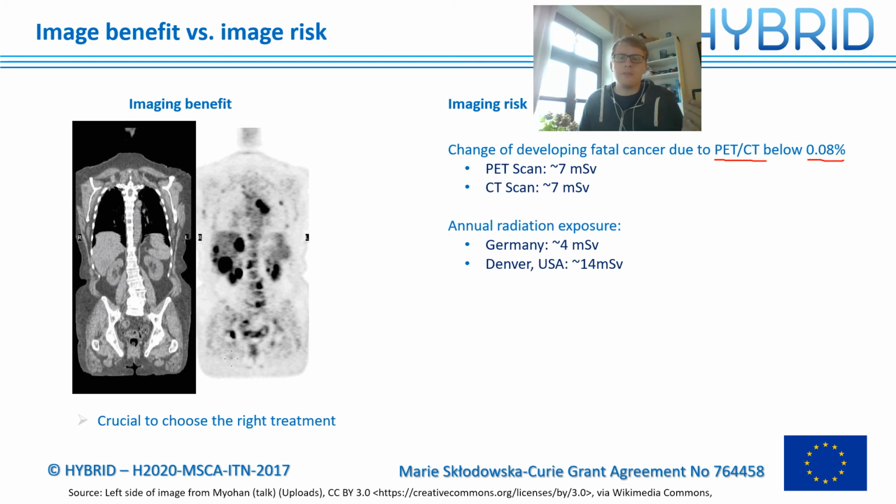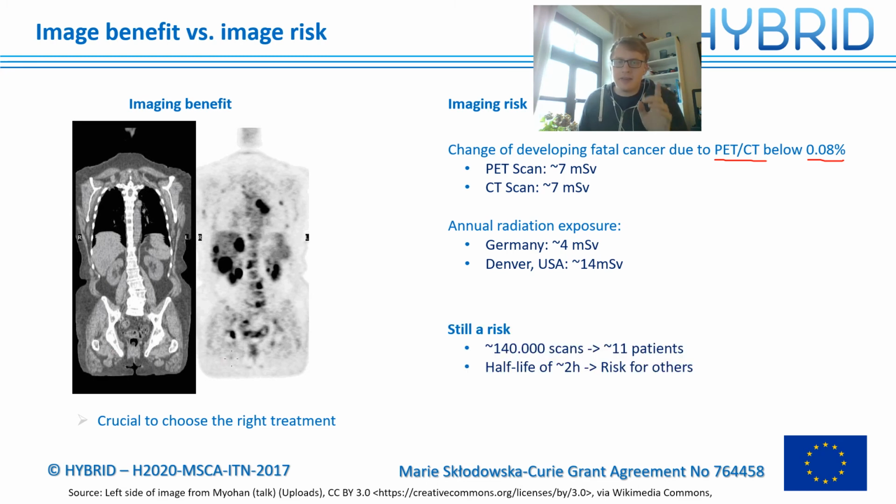There are also places in Europe. And here you have like 12 millisievert natural radiation and again the 2 millisievert of artificial radiation. So living 1 year in Denver or getting a PET-CT scan amounts to approximately the same risk of developing fatal cancer.